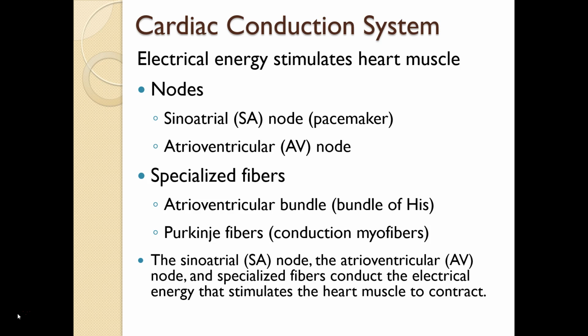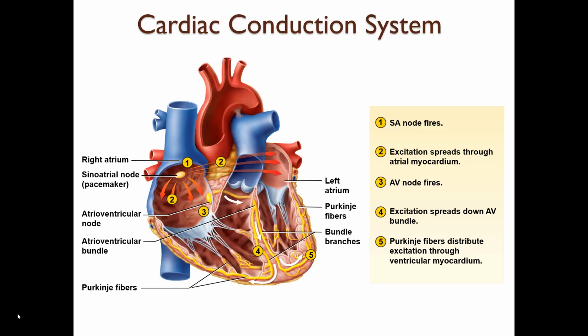And then there are specialized fibers, again, that are not muscles, but they are part of the conduction system. And they are called the atrioventricular bundle, or bundle of His, and the Purkinje fibers. So let's look at those in this figure and see if it makes sense to you.